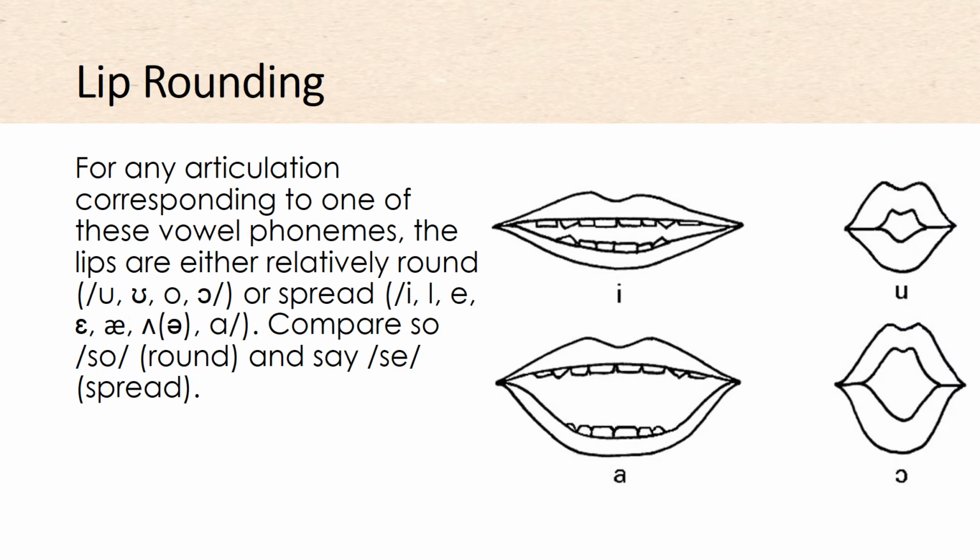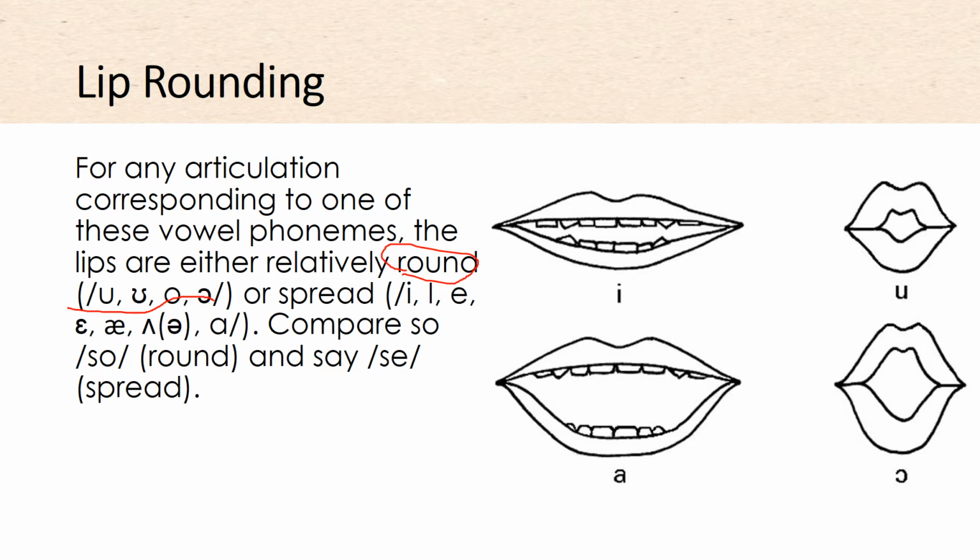The third physical dimension is the lip rounding. For any articulation corresponding to one of these vowel phonemes, the lips are either relatively round or spread. So again, these are the vowel sounds that you can produce when the lips are round. For example, oo, o, or sought. Okay?